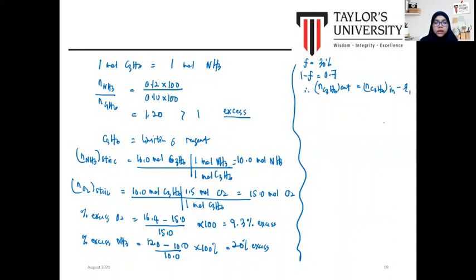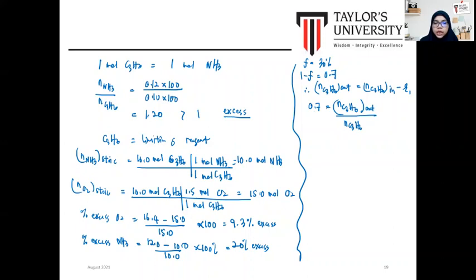Based on the fractional conversion, N C3H6 out equals 0.7 times the input.